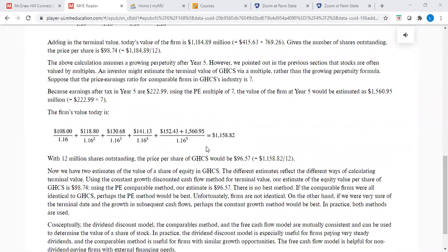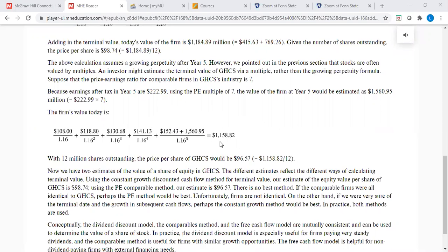So in this bottom calculation, you're still doing the same steps you did above to determine the present value of those first 4 years. But in year 5, instead of finding a growing perpetuity present value, you're going to find the present value of what the firm is estimated to be at the end of year 5 by adding that estimate to the cash flow and then bringing it back to present value.